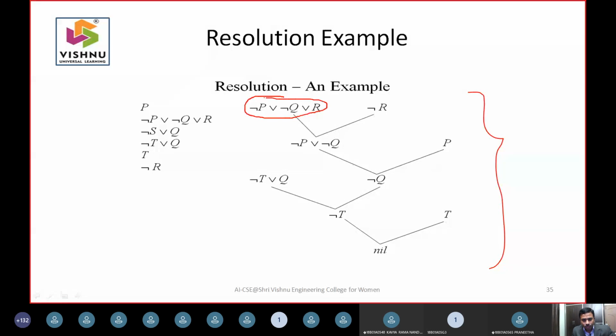From this 2, you have a negation of R here, R here. So this 2 will go and you will get this part. Just a minute, I will erase this part.